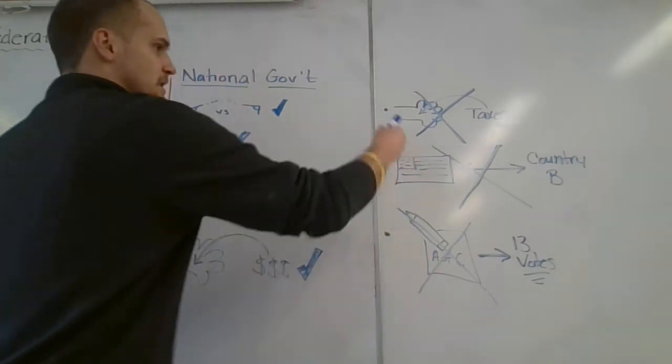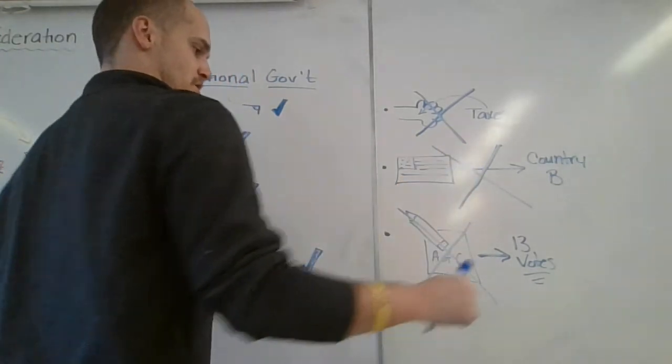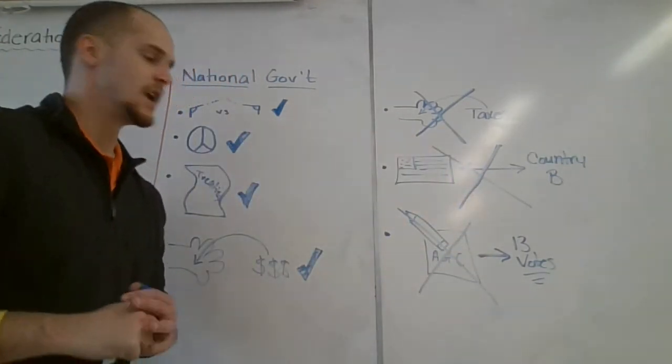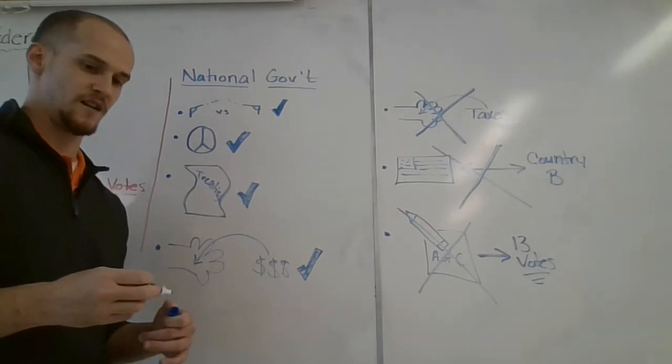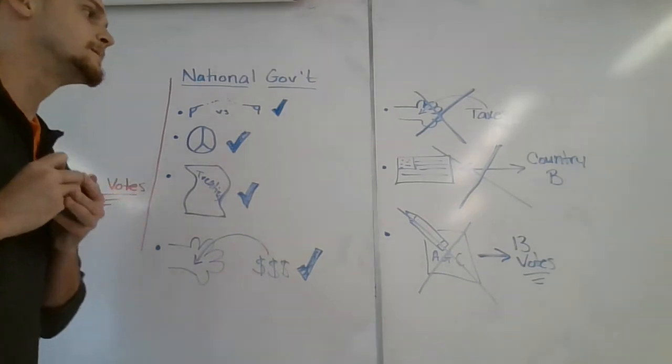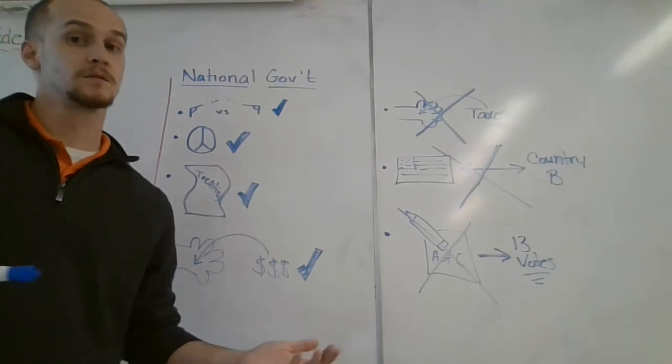So they couldn't collect taxes, they couldn't trade with other countries, they couldn't make laws or change the Articles of Confederation, which is on purpose.